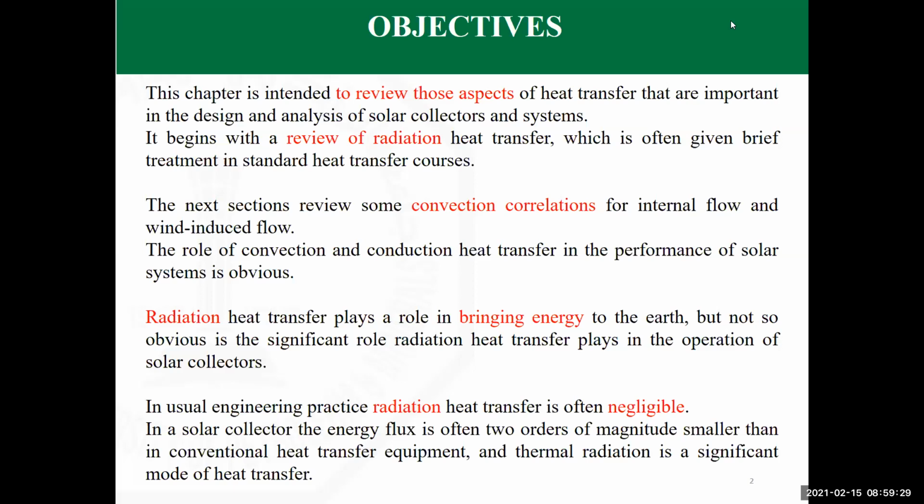While we are going through the slides of this chapter, I'll give you some examples from our own work, where we showed that there are cases you cannot overlook. You cannot say that radiation is negligible there. So it's a relative matter based on how much the heat transfer coefficient is.